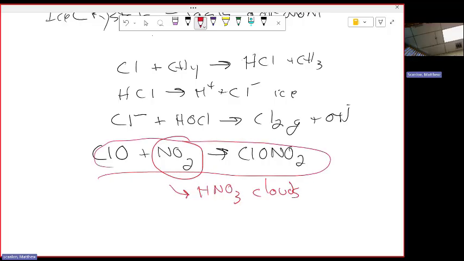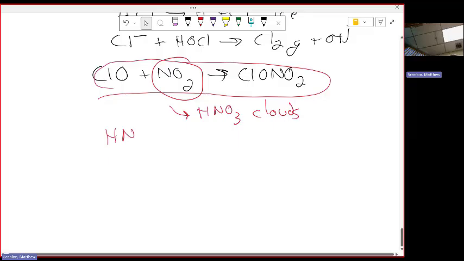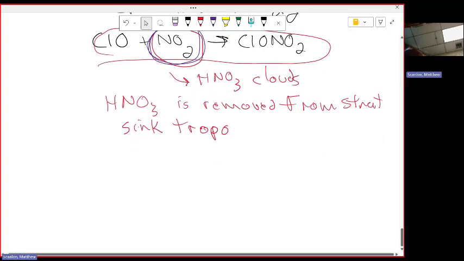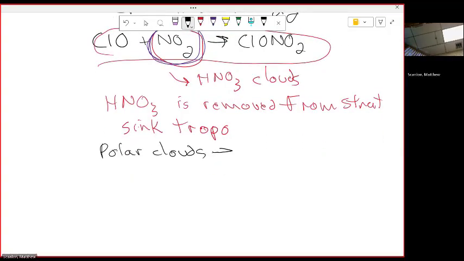And it gets even worse because some of the HNO3 is removed from the stratosphere. This is because these cold polar clouds can sink into the troposphere. And so you have removal of HNO3. So you have multiple factors removing NO2 in here. And so as long as I have these polar stratospheric clouds, we have destruction of ozone.